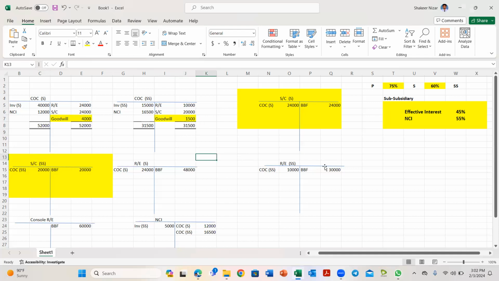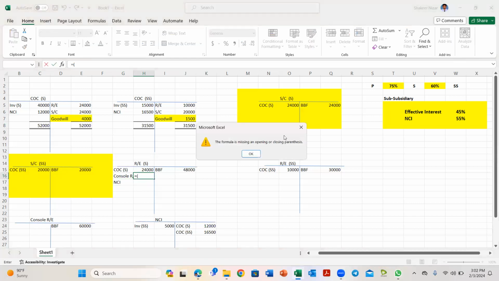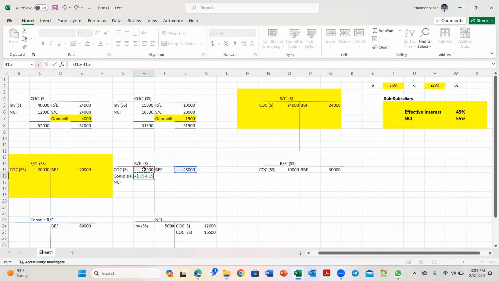Right, this also netted off, but this subsidiary's retained earnings should be distributed among the parent, the consolidated retained earnings, and the NCI. How to distribute this? This minus the pre-acquisition profit, into 75%.